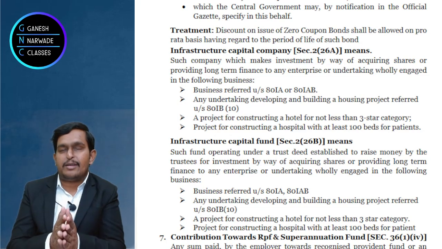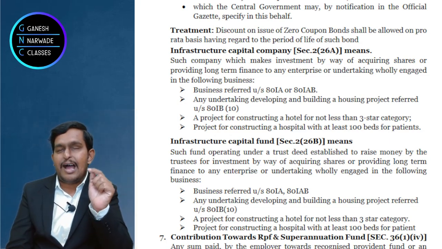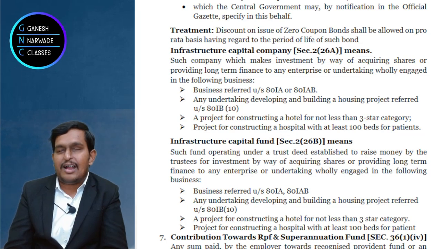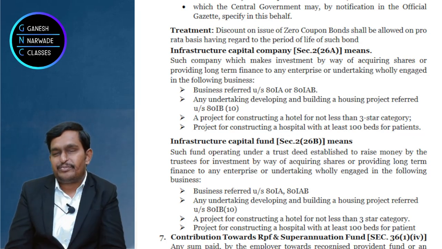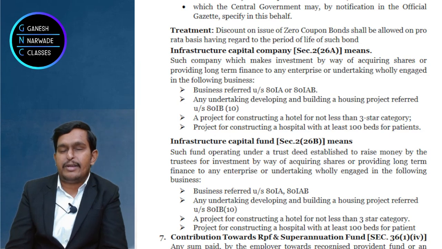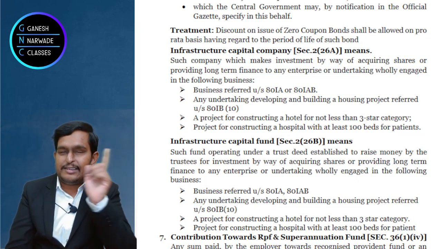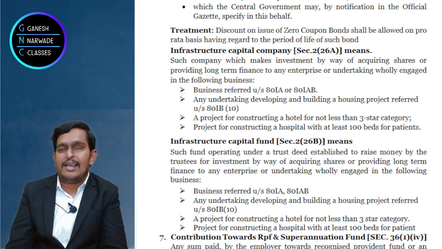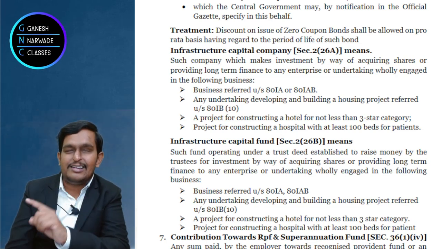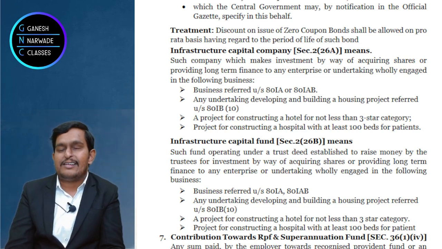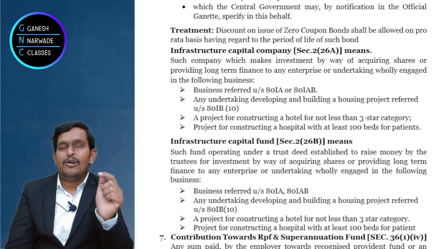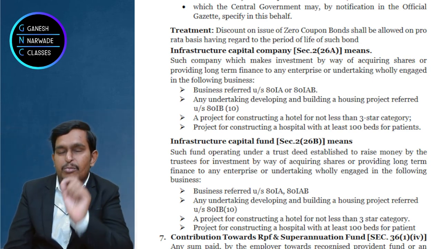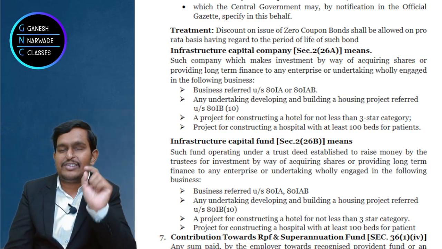Those businesses which are mentioned under section 80IA or under 80IAB, right? If a particular nature of business is mentioned under section 80IA, which we will study in the deductions chapter, or under 80IAB, which again we will study in the deductions chapter, or under section 80IB, which relates to housing projects, or a hotel which is 3-star or more, or a hospital with 100 beds or more.